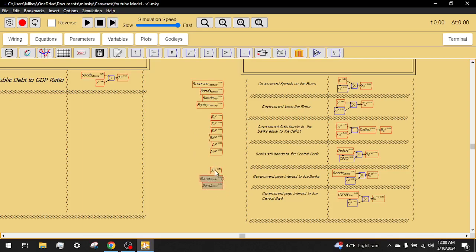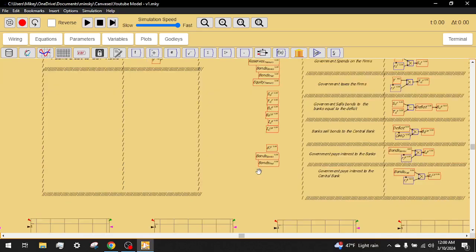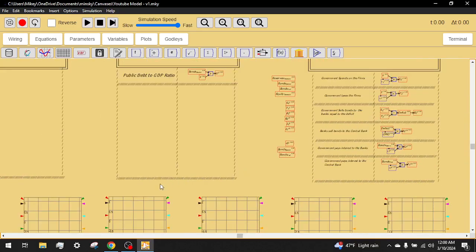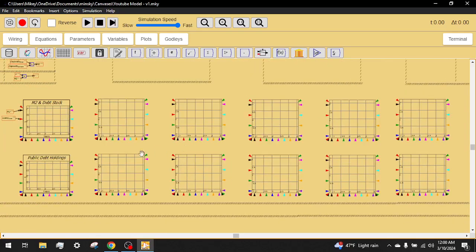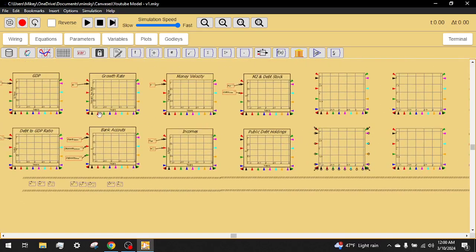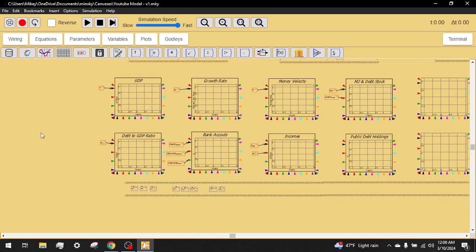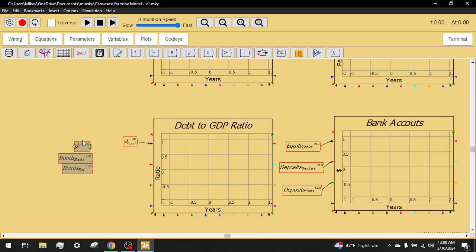And I'm going to copy them and paste them into one of my plots that I've already got set up over here. Okay, paste them over here. So the debt ratio of the government is going to go next to the debt ratio of the non-government. So the private debt to GDP and the public debt to GDP is going to be over here.